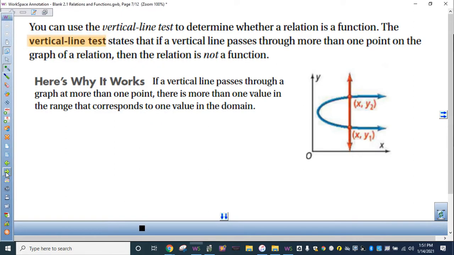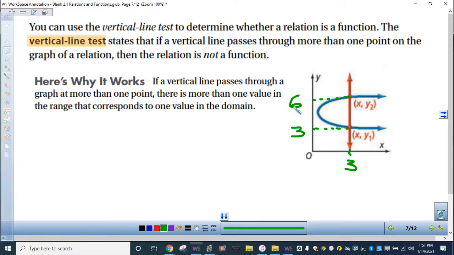So take a sec, read the top paragraph there about the vertical line test, and then we'll talk about it. So what we do with that vertical line test is we take a vertical line, pass it over the function.